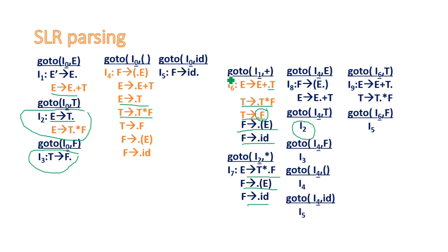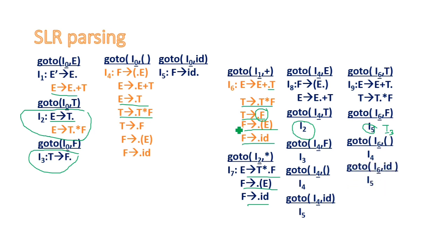It's not I5, it is I3. So I will write it here as I3. Now we will go for the next one. F tends to open brackets, goto of I6 comma open brackets will be resulting in I4. And F tends to ID, goto of I6 comma ID will be resulting in I5.